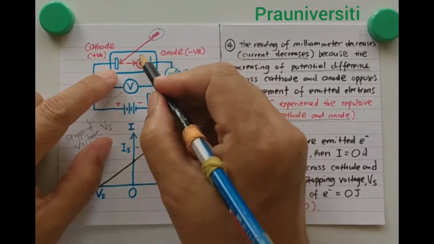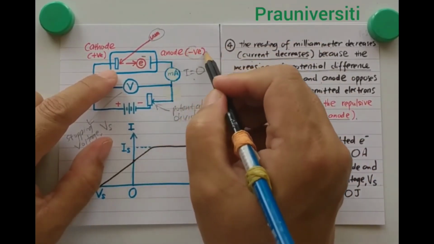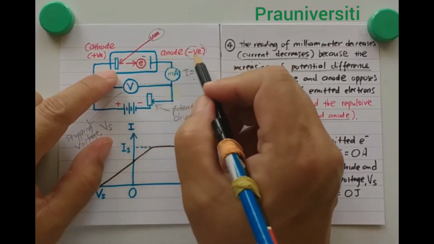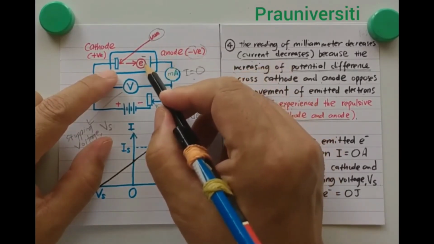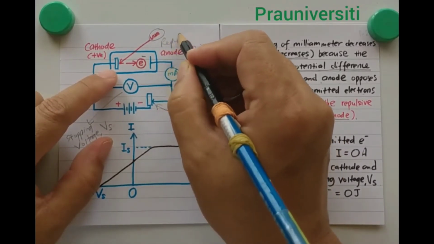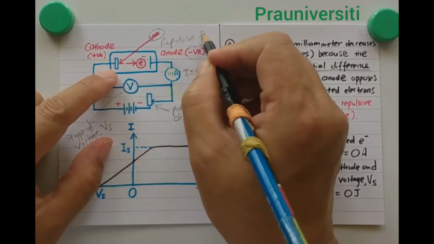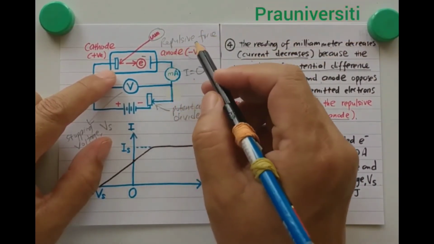The electron is negative, and because the anode is negative, negative and negative according to Coulomb's law, the electron experiences a repulsive force.